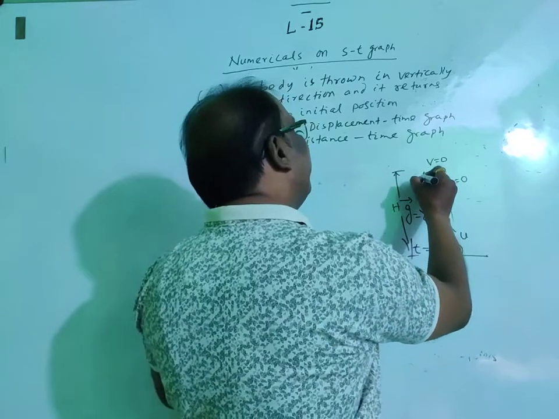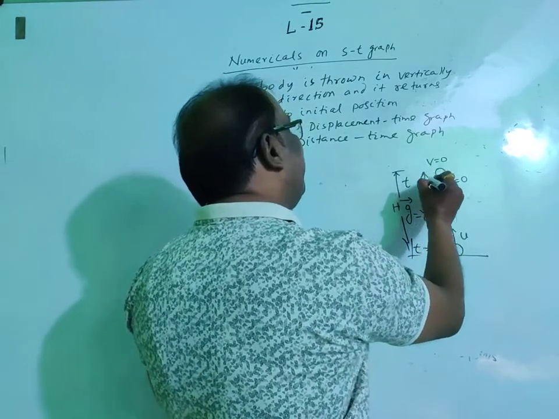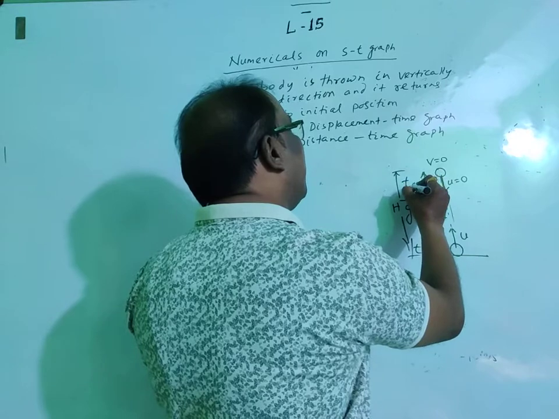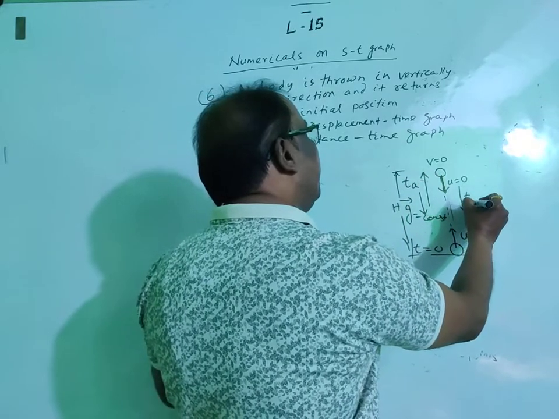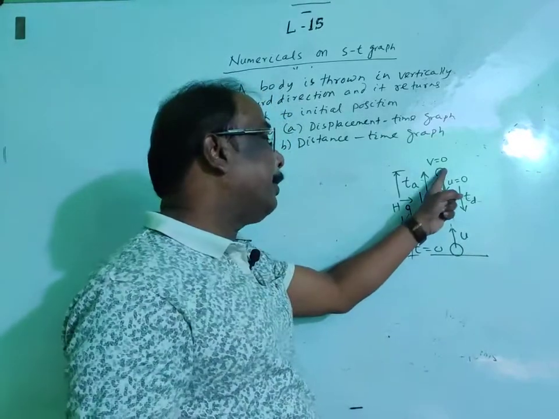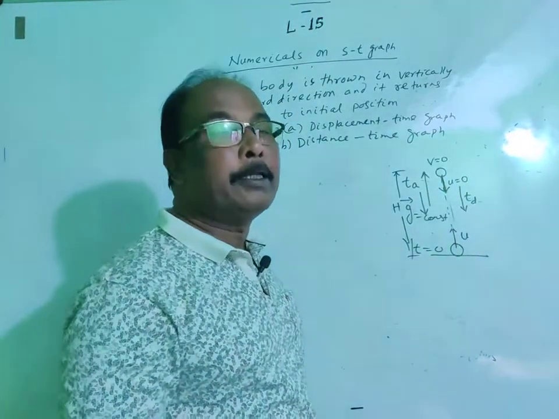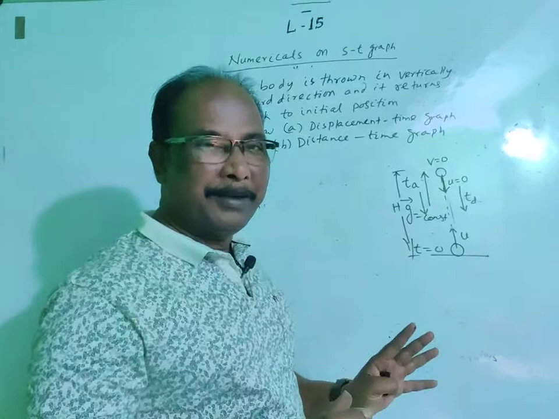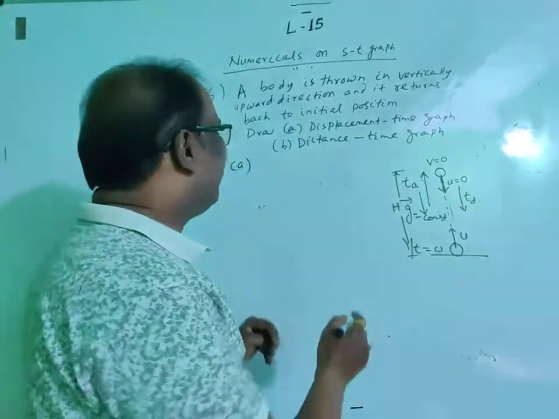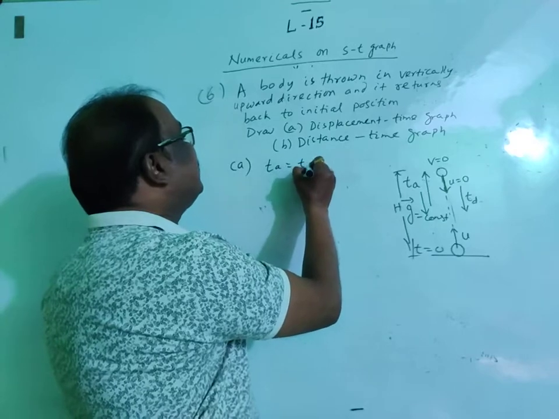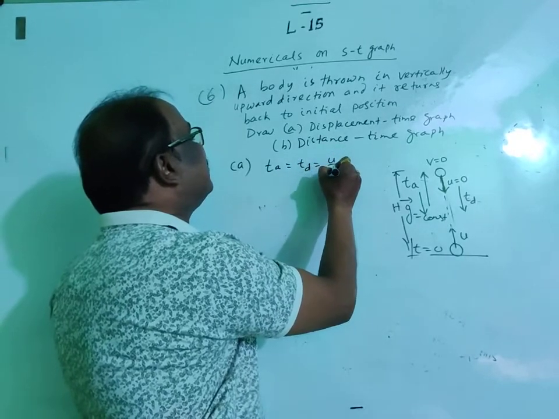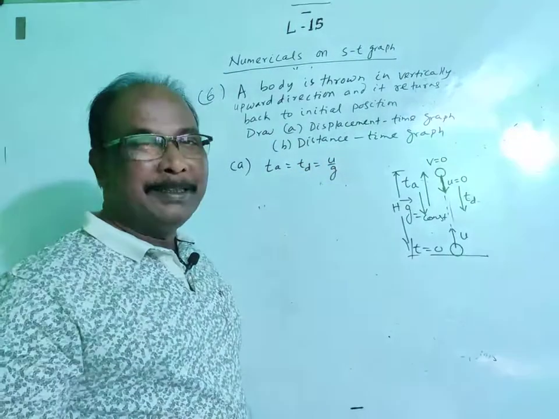The time to reach the highest point is the time of ascent, and the time taken by the body to return from the highest position to the initial point is the time of descent. As we know, if air resistance is neglected, then time of ascent is equal to time of descent, equal to u by g.